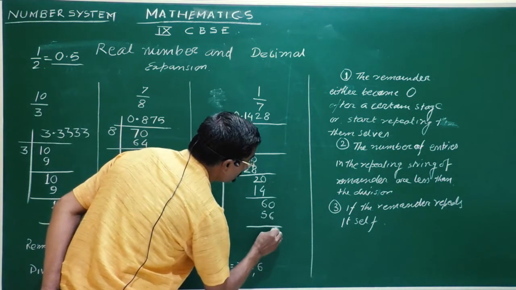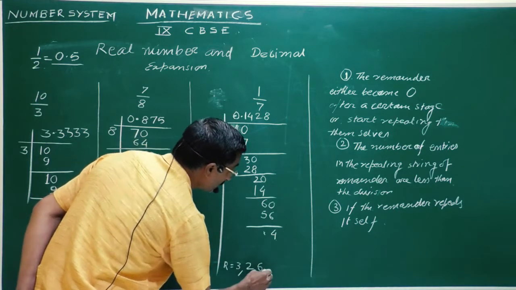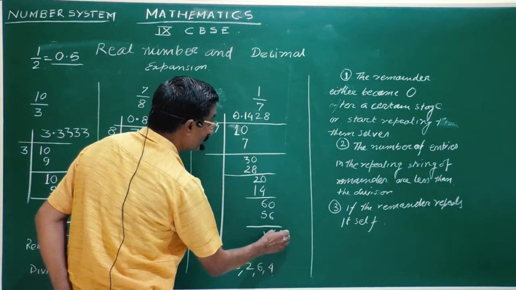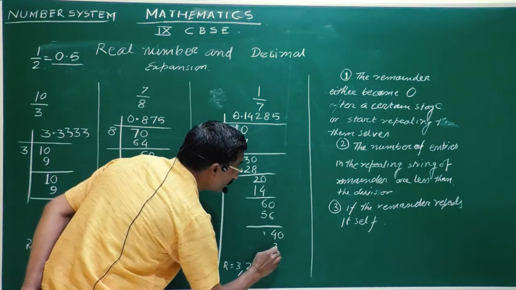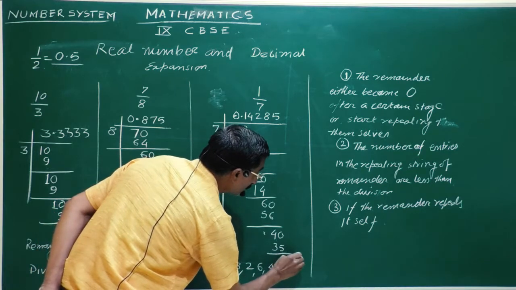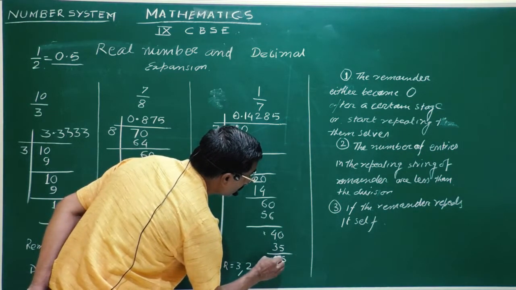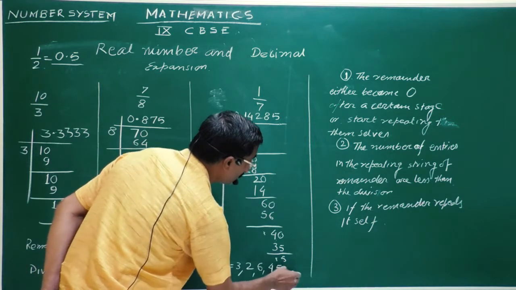So this is 4. Remainder is 4. 0. 7 5s are 35. So again remainder is 5.